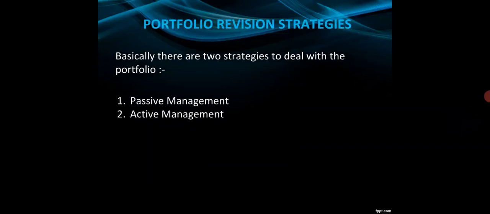And the second one is active management. Active strategy itself suggests that when the investor makes changes on a regular basis, or the revision of the portfolio is done on a regular basis, that is known as active management strategy. This strategy totally depends upon the investor's perception, their objectives, and their requirement from the portfolio.